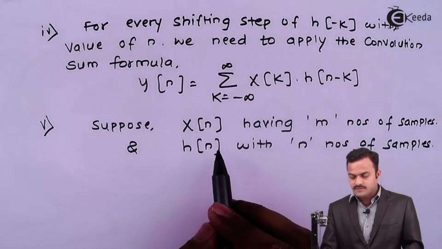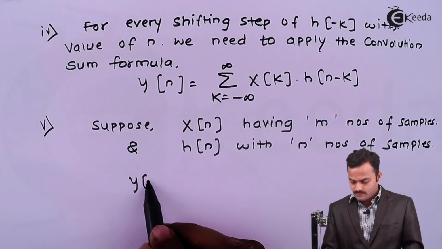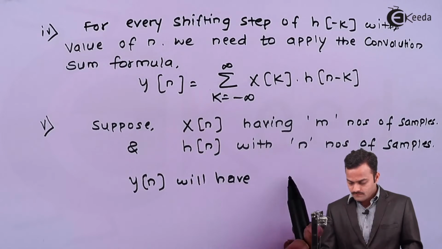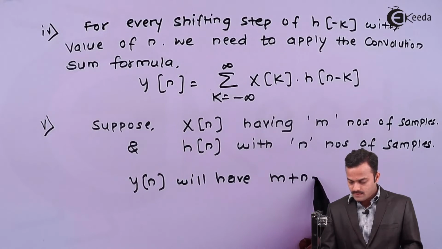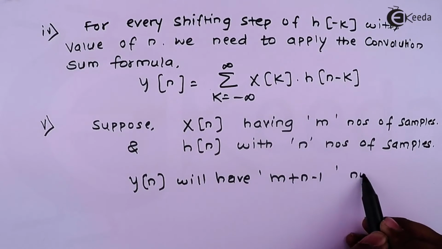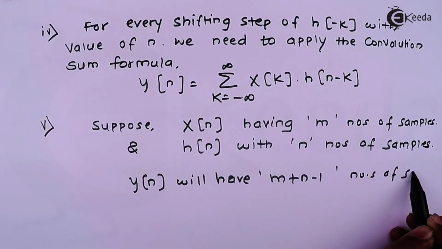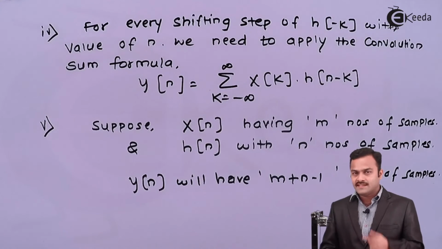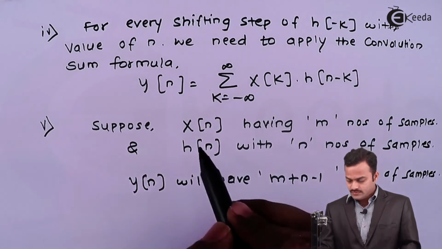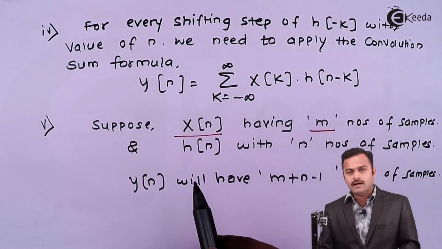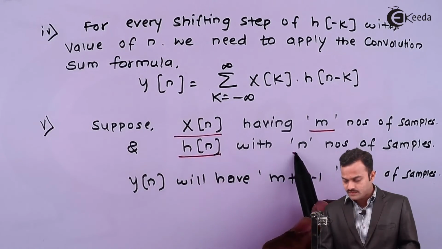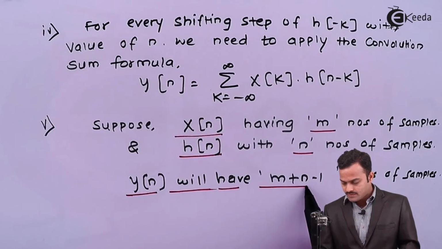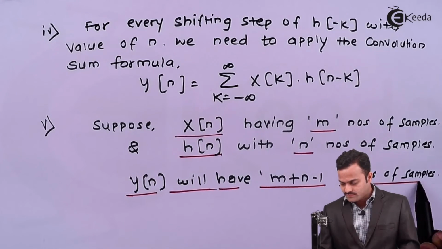Then the convolution of these, which gives y of n, will have m plus n minus 1 numbers of samples. So this is the most important thing as far as verification is concerned. So if x of n has m samples and h of n has n samples, then y of n will have m plus n minus 1 samples.